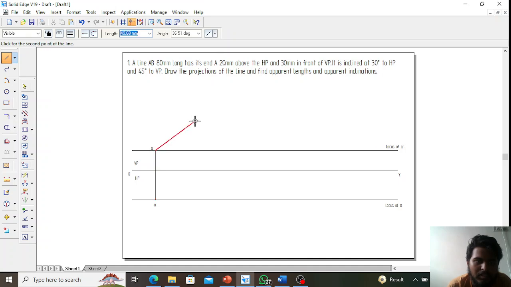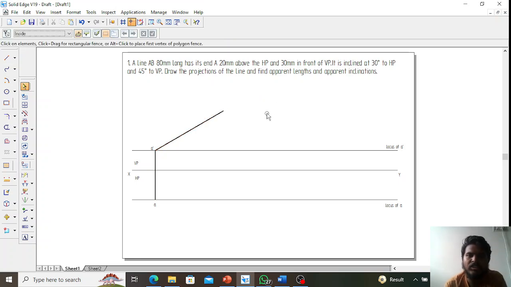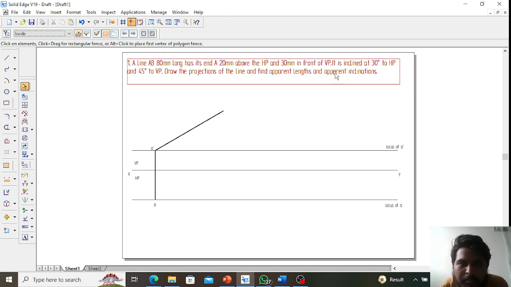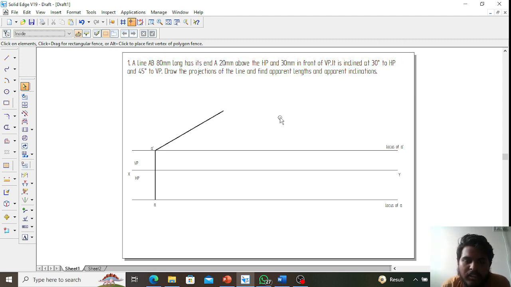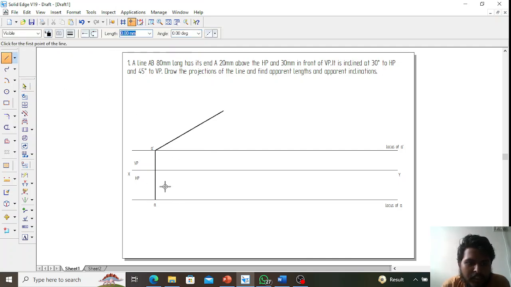Putting it here, then length as 80 and angle as 30. Okay. So first condition is satisfied. It is inclined at 30 to HP. Now 45 degrees to VP. 45 degrees to VP means we need to draw this line from here. Selecting this line.